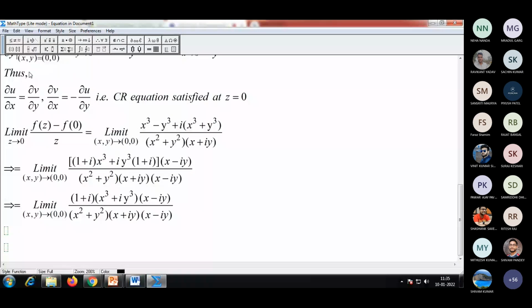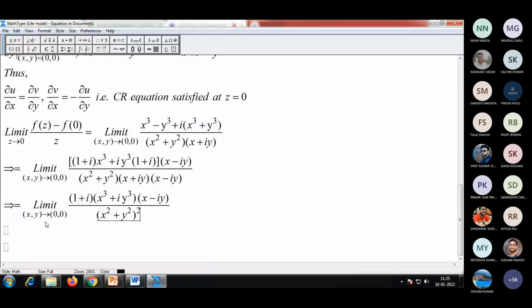So we can say x square plus y square whole square. This is the situation. If we want, we may multiply all and separate the real and imaginary parts, but that's not our part. We need to check the existence of this limit.